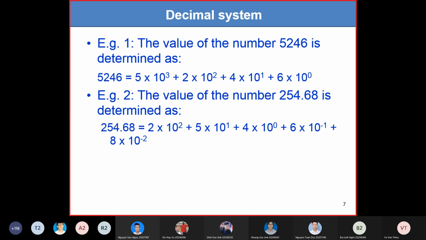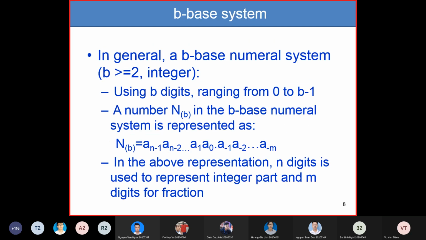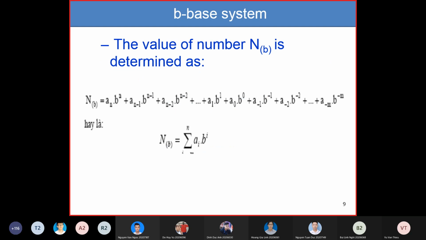Okay, and in general, you can determine a value in a base-b system. Actually, we use the same way. We use the same way to index the digits, and we also use the same way to determine the value, but here we use the base b.